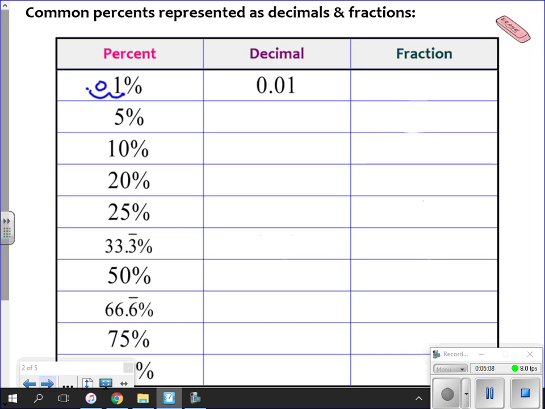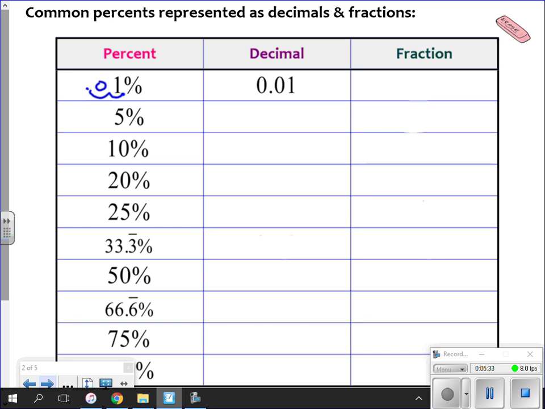Sometimes you want to work things as a percent, sometimes you want to work them as a decimal. Now, you want to write a percent as a fraction. That's also very, very easy to do, because a percent literally means per 100. How many parts of 100? That's where the word percent comes from.